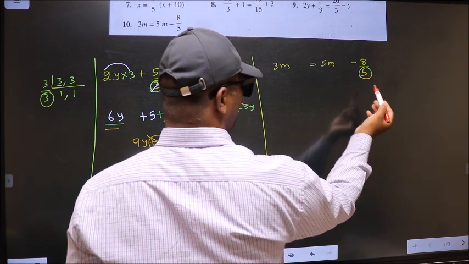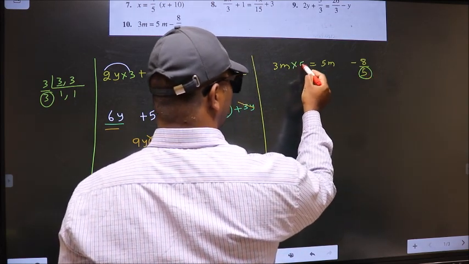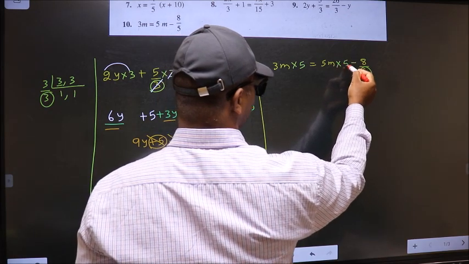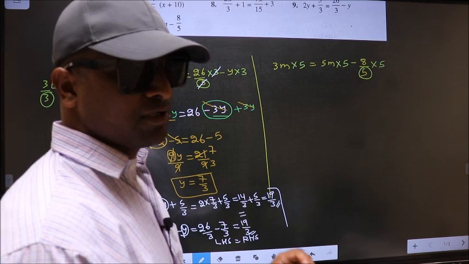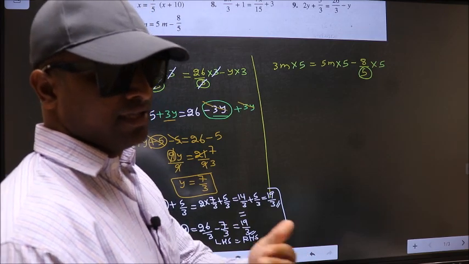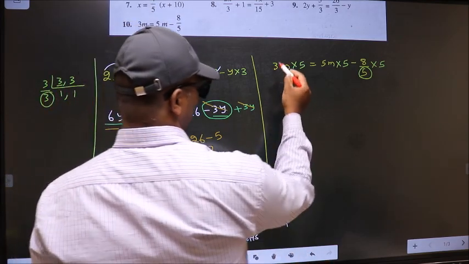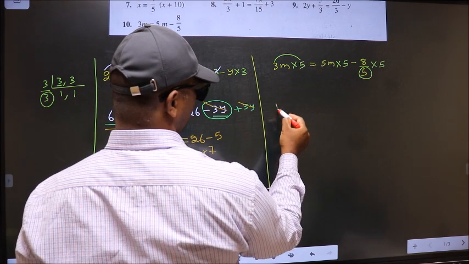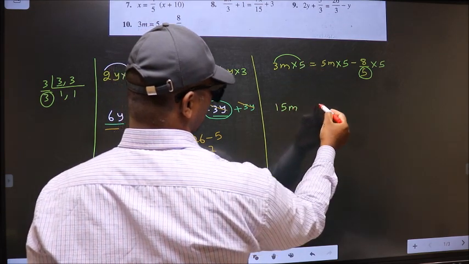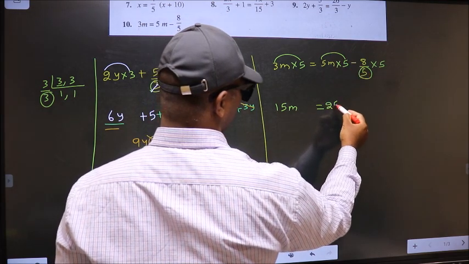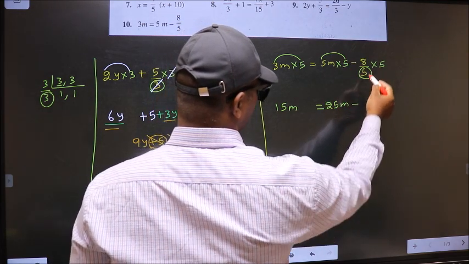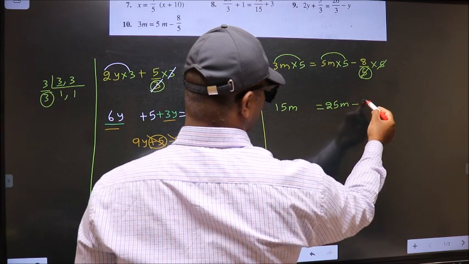To remove this denominator, you multiply by 5 to each term. Multiplying with 5 is your step 1. Next, 3 into 5, 15m equal to 5 into 5, 25m minus 5 cancel out, we get 8.